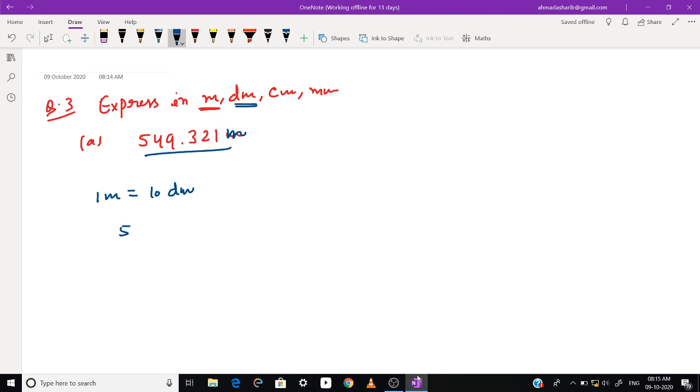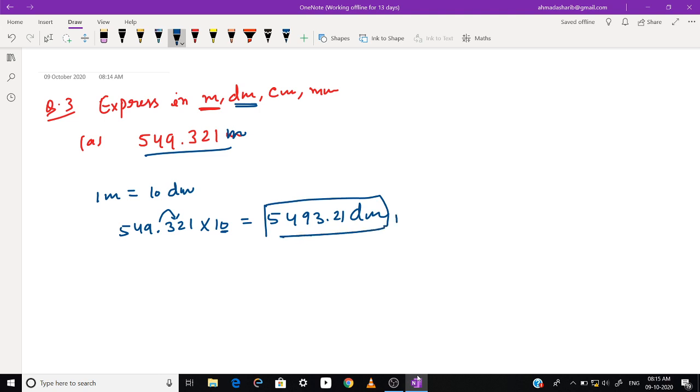So 549.321 multiplied by 10 is equal to, since there is only one 0, this decimal will shift 1 digit to the right. So it will be 5493.21 decimeter. Clear? And this is the answer.